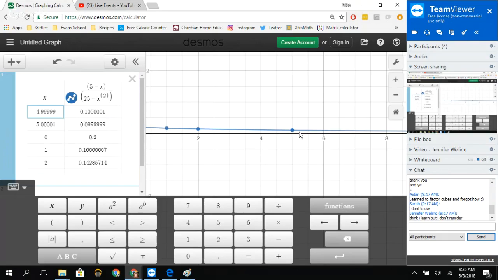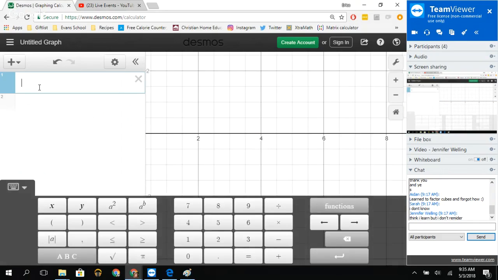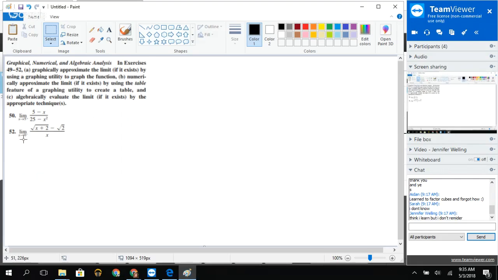What about number 52? Let's look at number 52. Number 52 is the limit as x approaches 0 from the left-hand side of the square root of x plus 2 minus the square root of 2, over x.